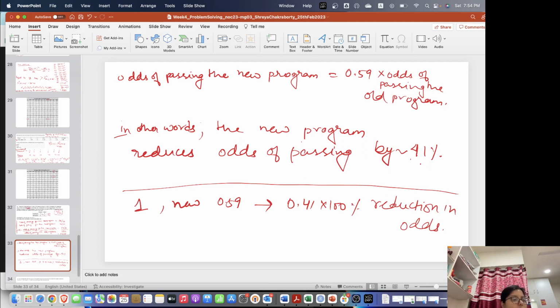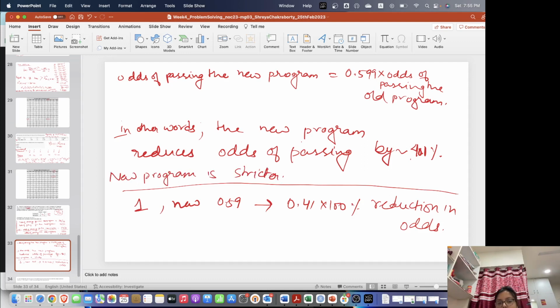So is the new program effective? It is 0.599, so this is a 40.1% reduction. From here we can say that the new program is even stricter.